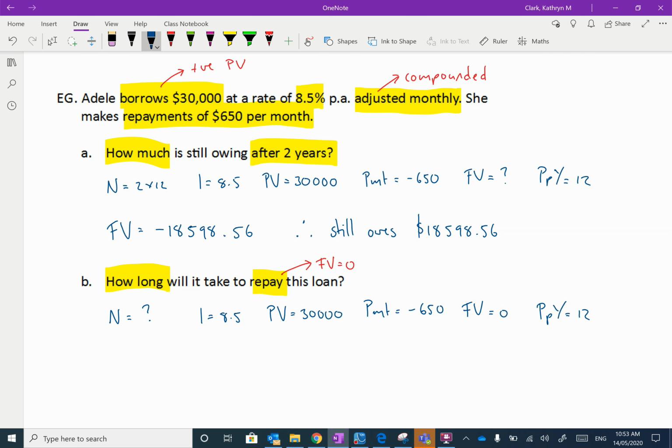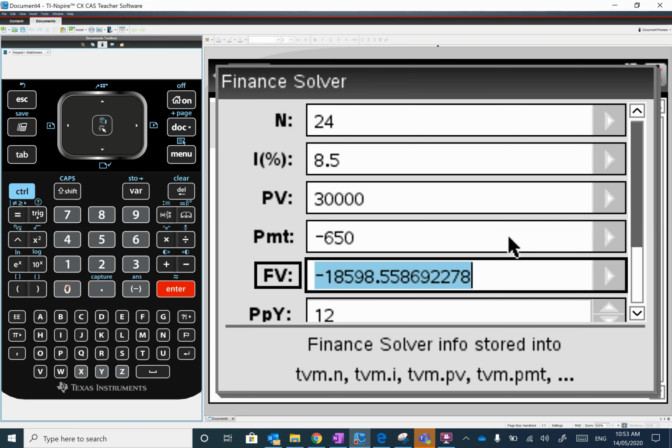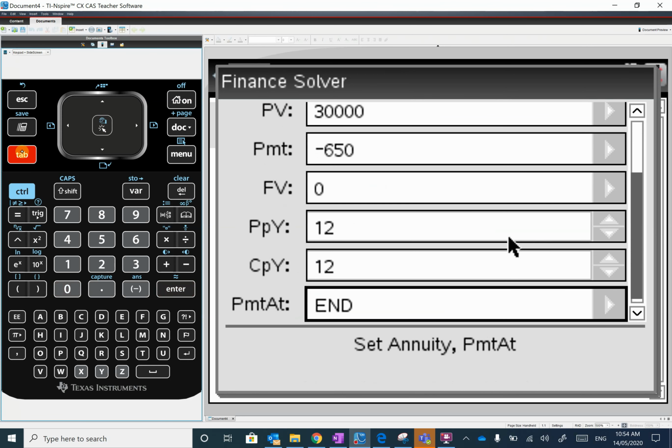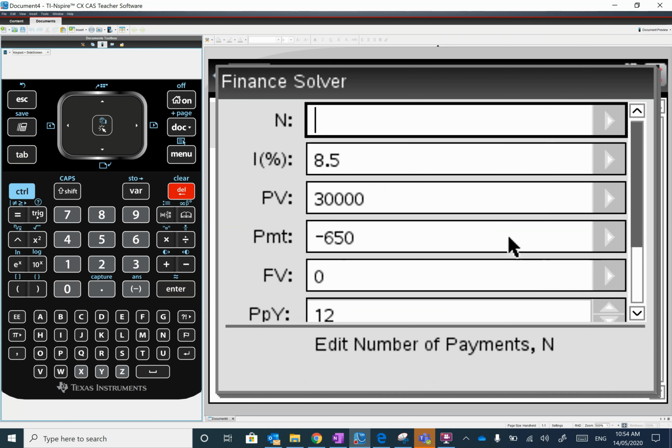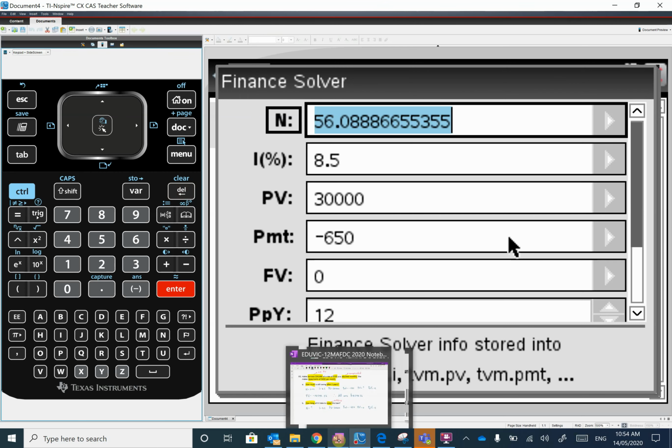Now this is going to tell us the total number of payments that we've made. So I want this to be 0 now. And I don't know the number of payments. I'm going to solve the number of payments by hitting enter. So that's 56.09.